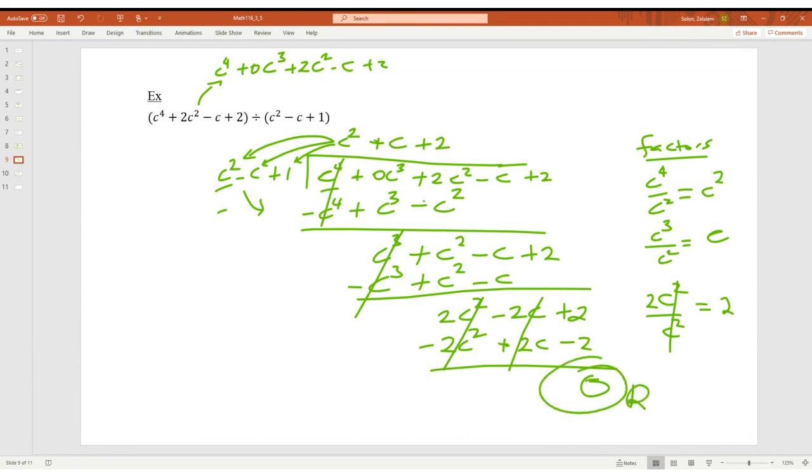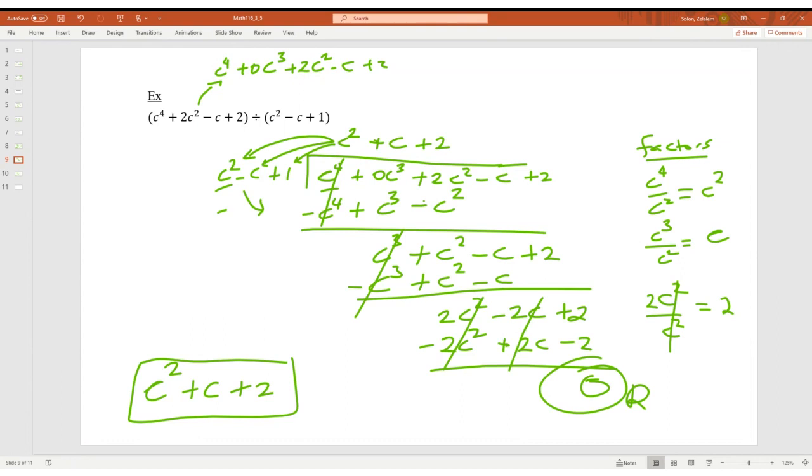The remainder is 0, and the quotient becomes c squared plus c plus 2. So you can still divide a polynomial by a trinomial, whatever term you have. You can still divide polynomials by using the same technique. We saw how to divide a polynomial by a monomial.